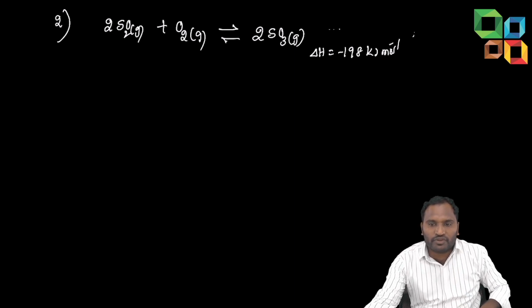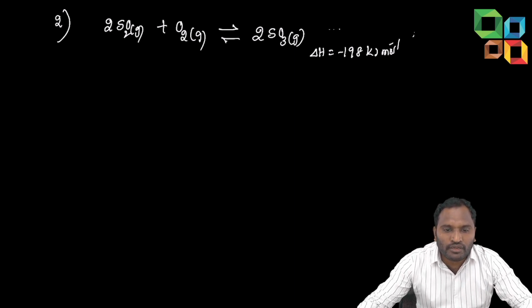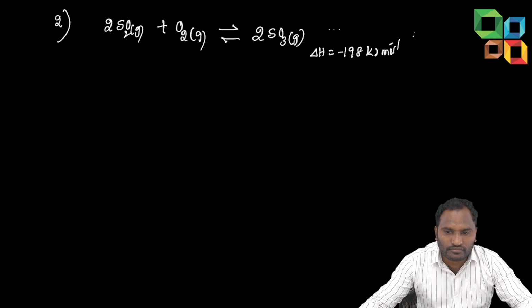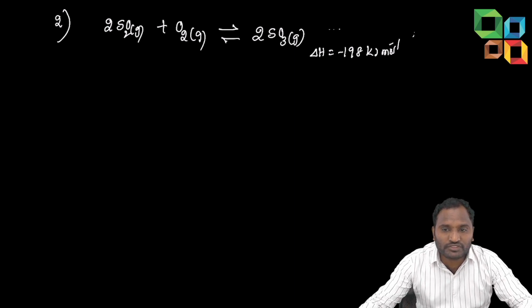Delta H, they have given negative. So the condition favorable for formation of SO3, favorable for formation of SO3 means forward reaction.